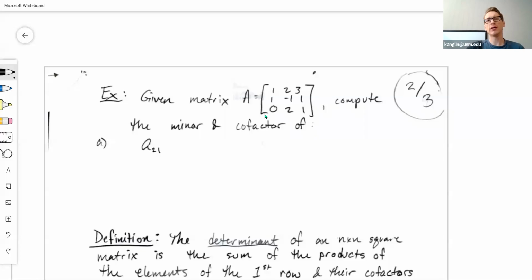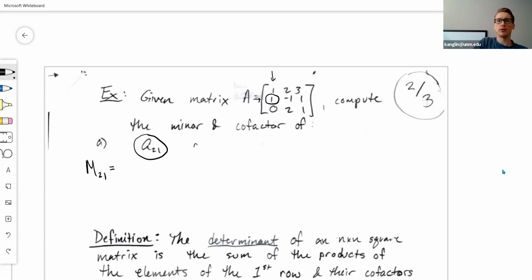Given matrix A here, let's compute the minor and cofactor of A21. All right, so let's figure out the minor first. Let's figure out M21. Remember, if I look at this element, A21, in my matrix, that's second row, first column. So we're really talking about this 1 that sits here that I just circled.